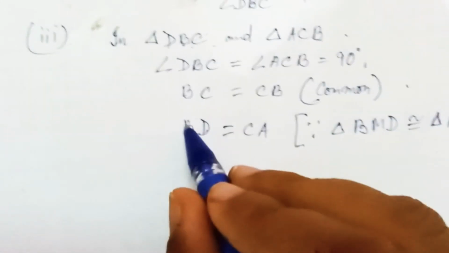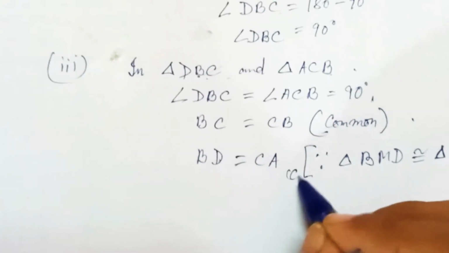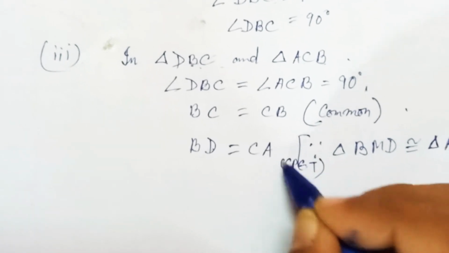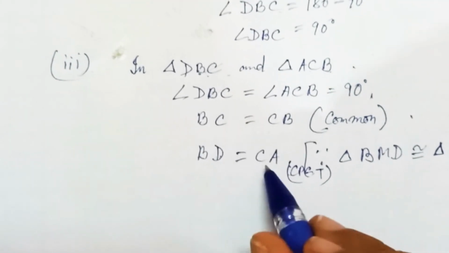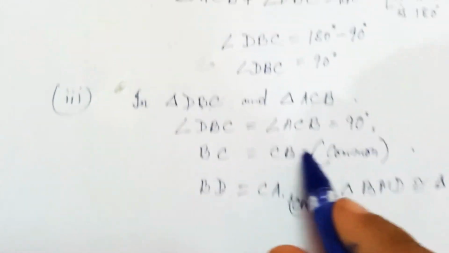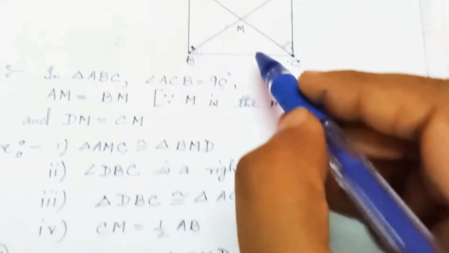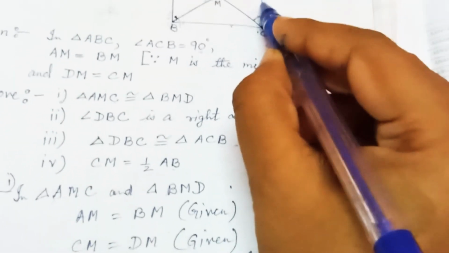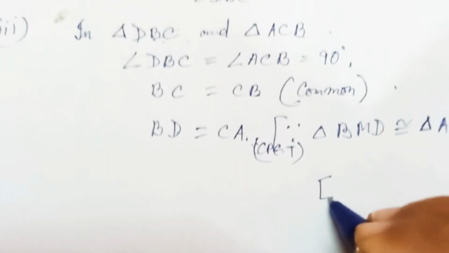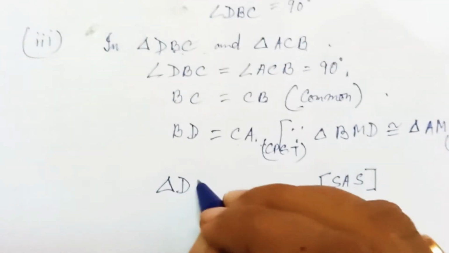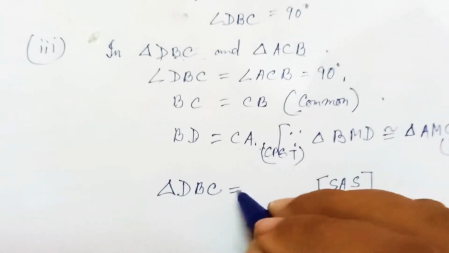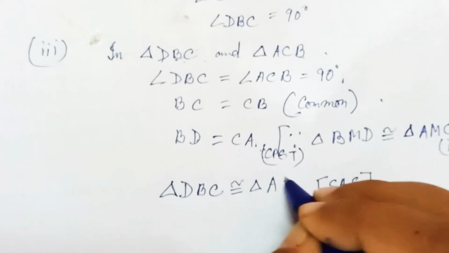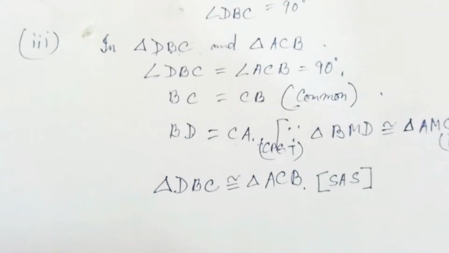This is the CPCT part. So BD equals CA. So these two sides and one angle: side, angle, side. So by side, angle, side, we can prove that triangle DBC is congruent to triangle ACB. This is the third part.